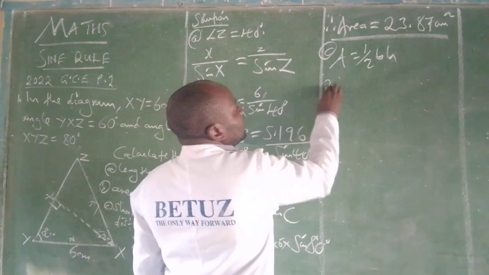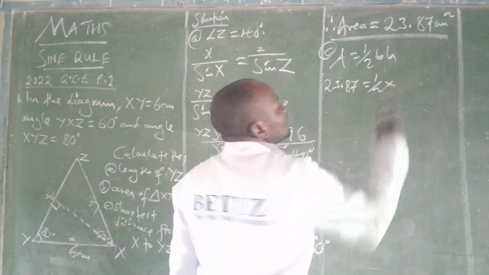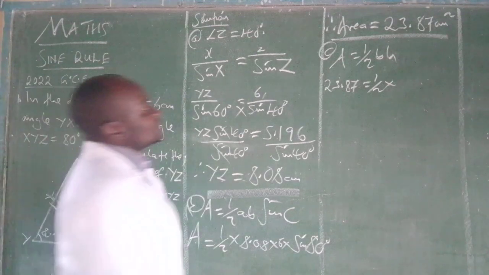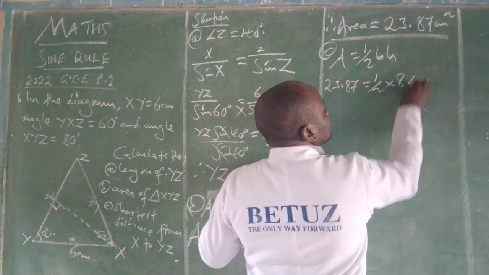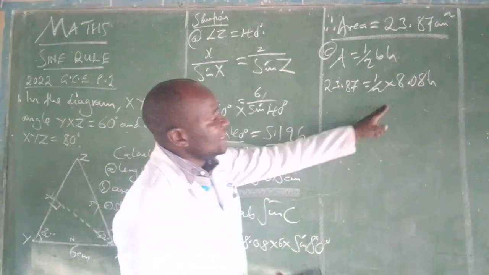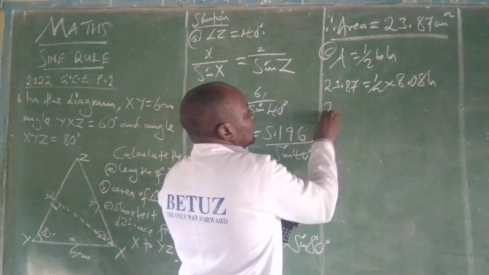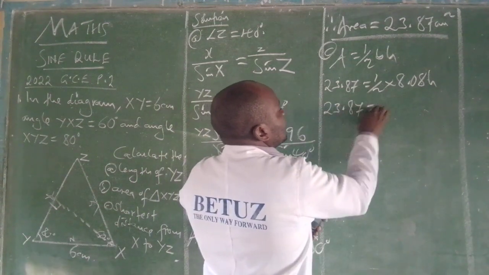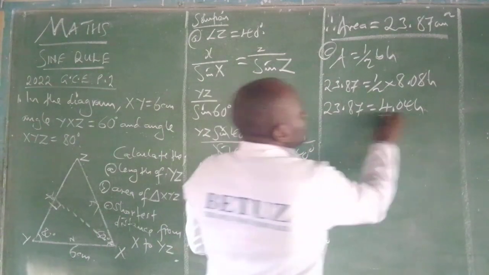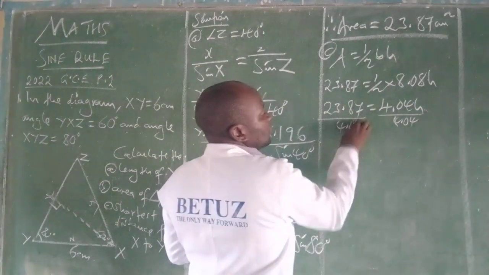So area will be 23.87 equals half multiplied by the b, or the base, which will be YZ, which is 8.08. Then h. So from here, we'll simply say 8.08 multiplied by half. So that will give us 23.87 is equal to 4.04h. So to find h, we'll say over 4.04, here over 4.04.